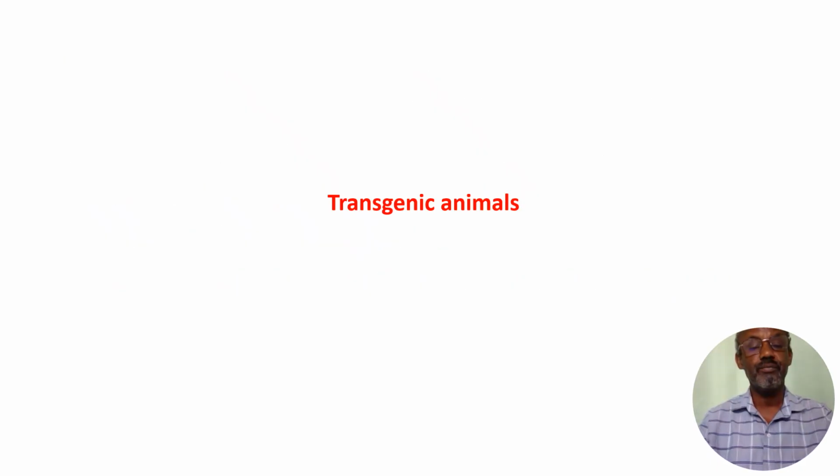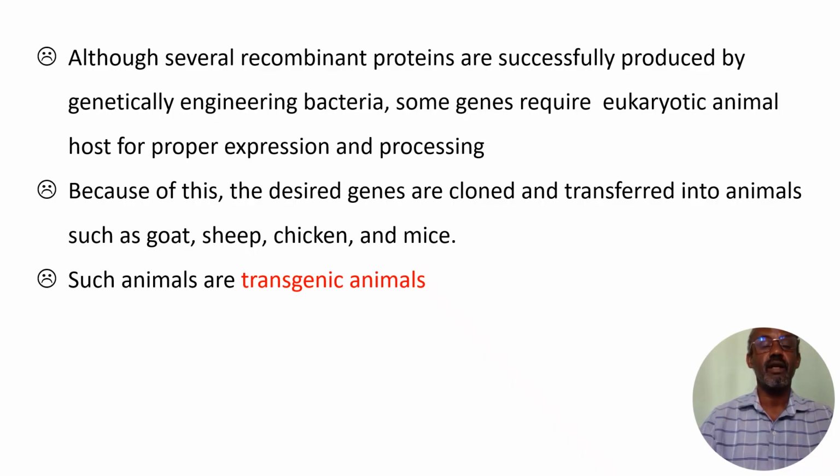Okay, now from transgenic plants to transgenic animals. A little about transgenic animals. Although several recombinant proteins are successfully produced by genetically engineering bacteria, some genes require eukaryotic animal hosts for proper expression and processing. There are some complex proteins which are difficult to express. These genes are not able to be expressed in prokaryotic cells.